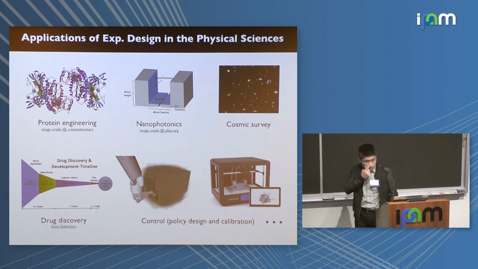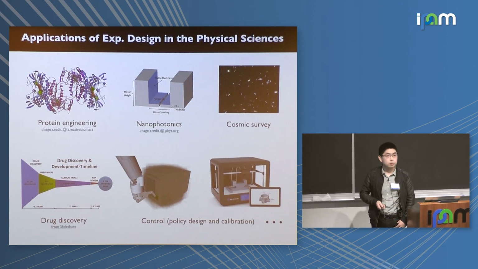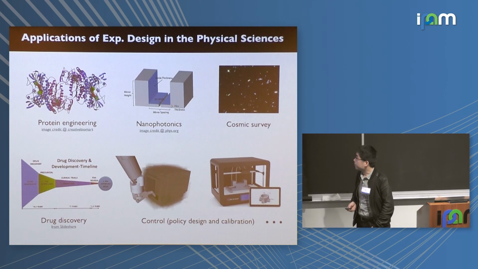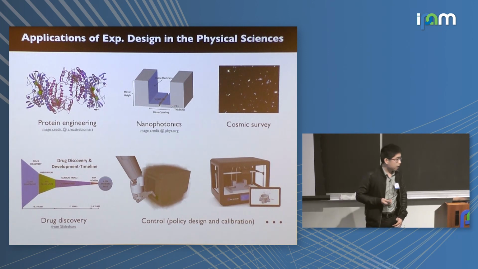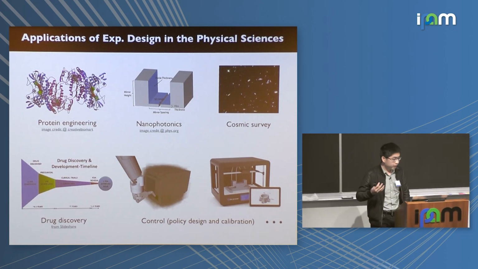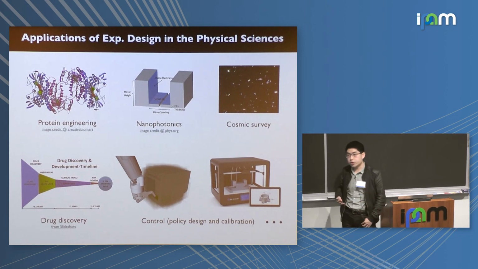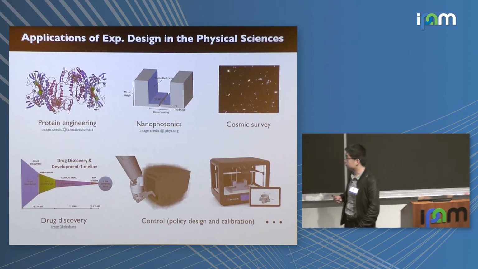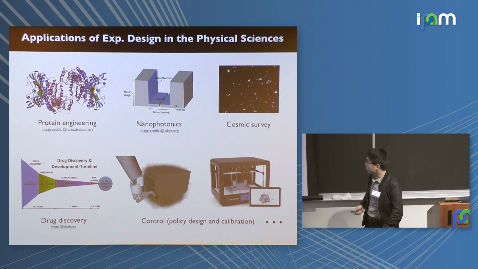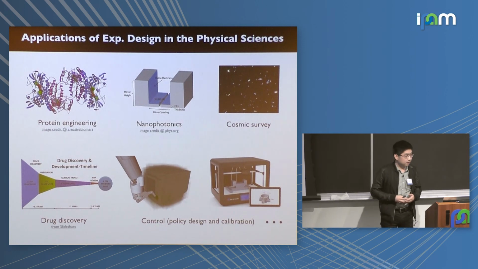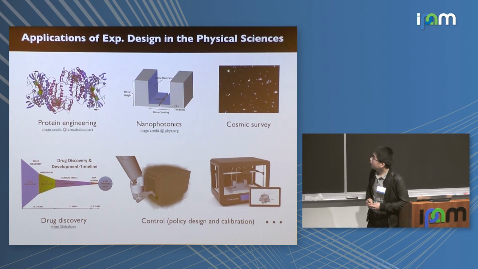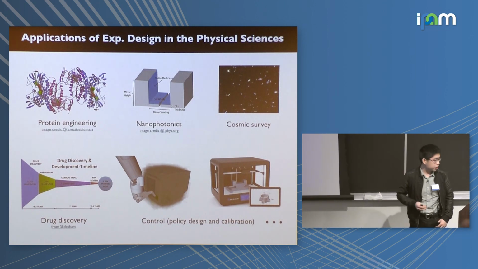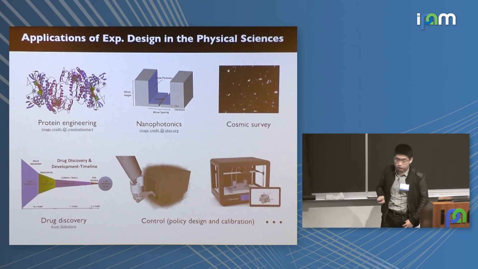So in the remainder of this talk, I'm going to concretize the problem via a few applications in a number of domains, ranging from protein engineering, nanophotonics in material science, to some control-related problems where we're trying to gather information in order to make the most efficient decision for a particular task. I'm going to touch a little bit upon these cosmic experiments, which is one ongoing project we're doing at UChicago, which is very exciting for me to give a sneak peek of the general direction and goals for the project.